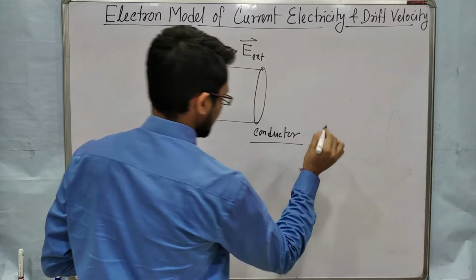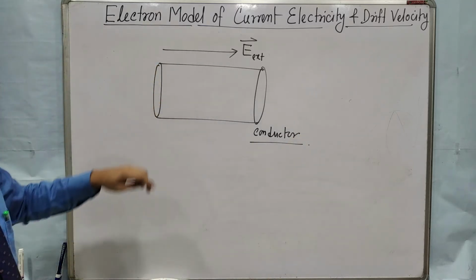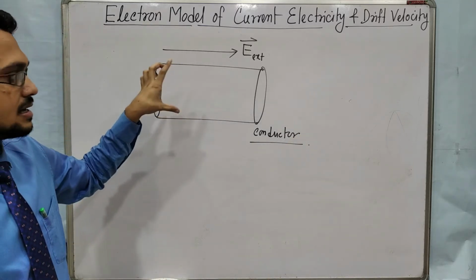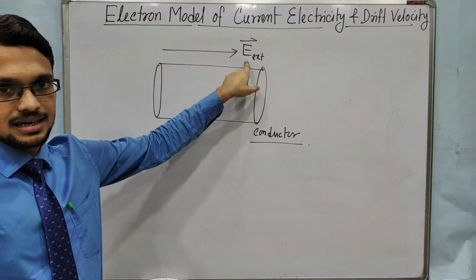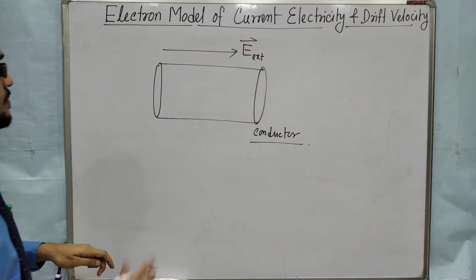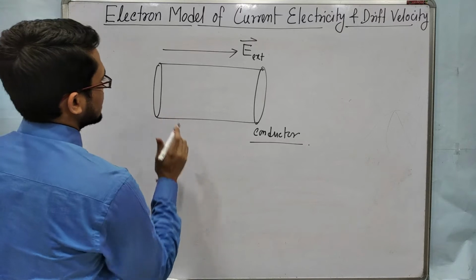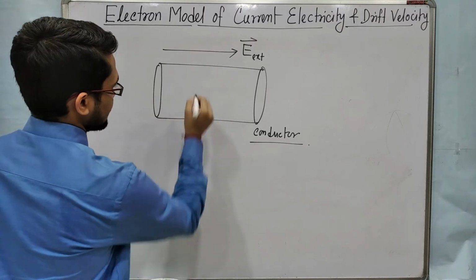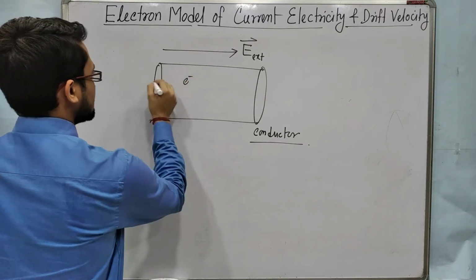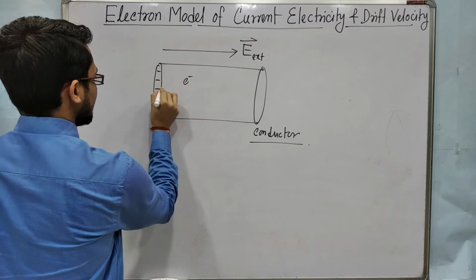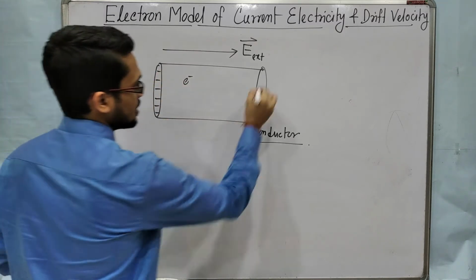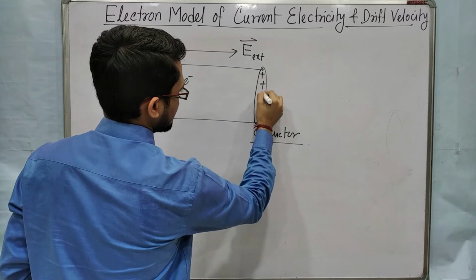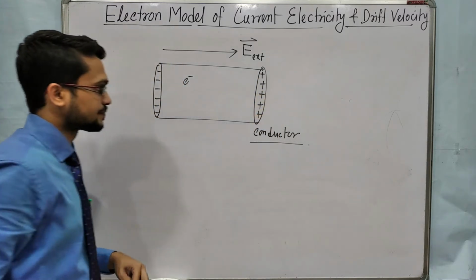And we have already read that if any metallic conductor is kept in an external electric field, then some induced charge is produced in that conductor. The electrons will flow opposite to the electric field. So on this side electrons will be accumulated. On the other side positive charges will be accumulated.